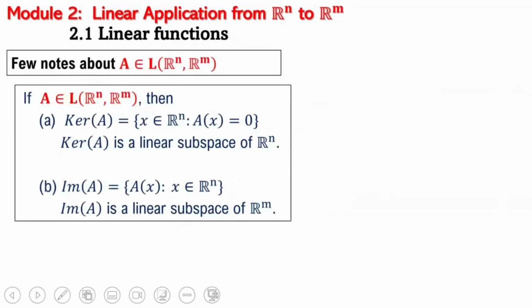Okay, now we have another interesting definition: one is the kernel of A and another is the image of A. So what does kernel of A mean? Let's say you have here Rn and here you have Rm. So this is 0 of Rn and this is 0 of Rm.